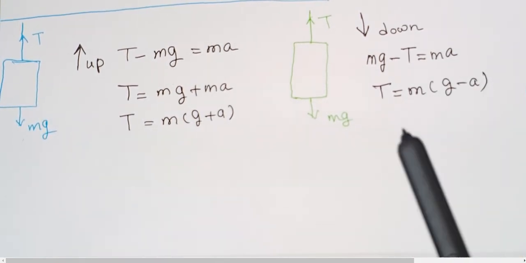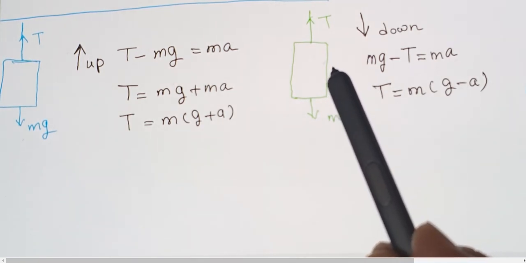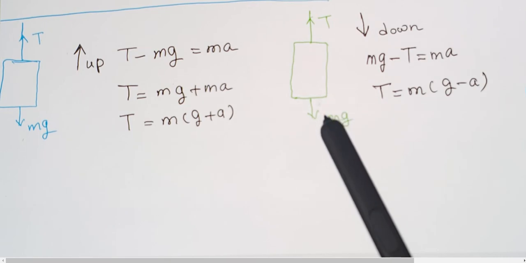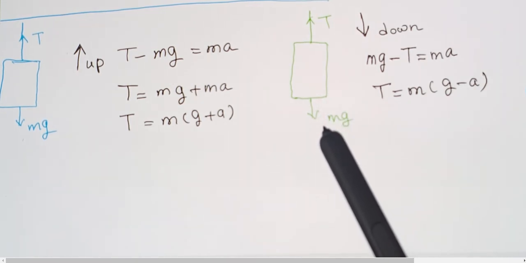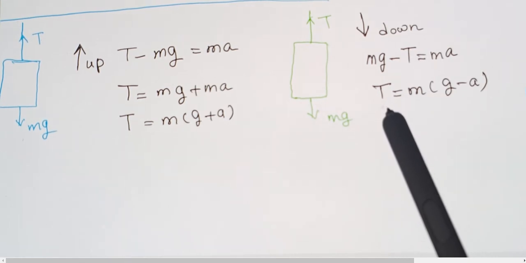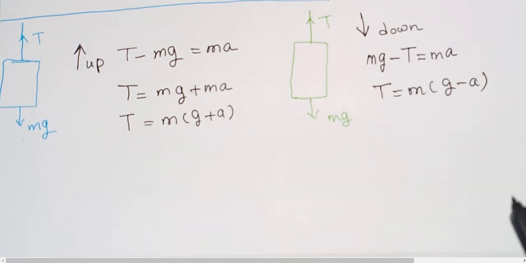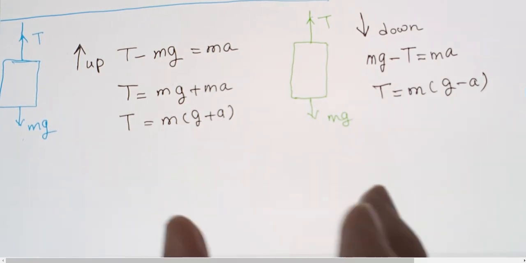So if the object in an elevator is accelerating downward with a net acceleration, the tension will be less. Or the weight of the object on a balance will be less. It will show less.